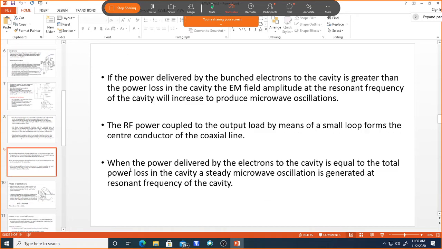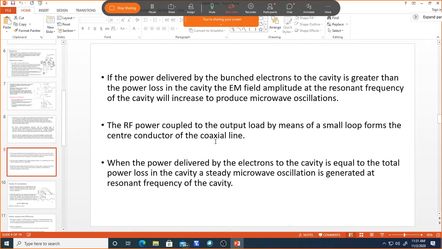Now, if the power delivered by the bunched electrons to the cavity is greater than the power loss in the cavity, the EM field produces microwave oscillations at the resonant frequency of the cavity. If the power delivered by the bunched electrons is equal to the total power loss in the cavity, then steady microwave oscillations will be generated at the resonant frequency of the cavity.